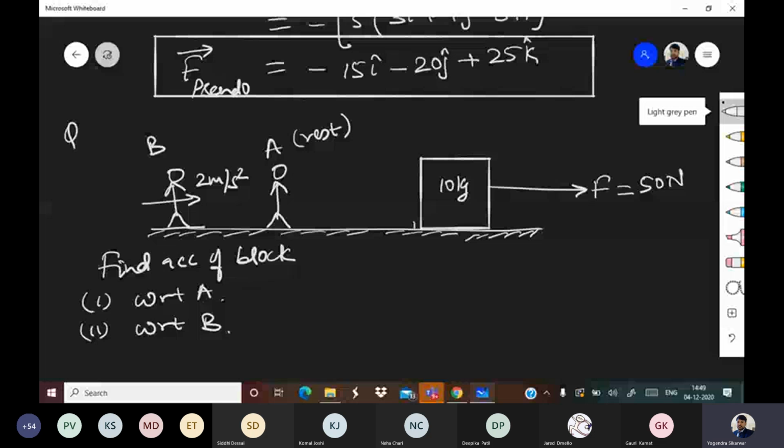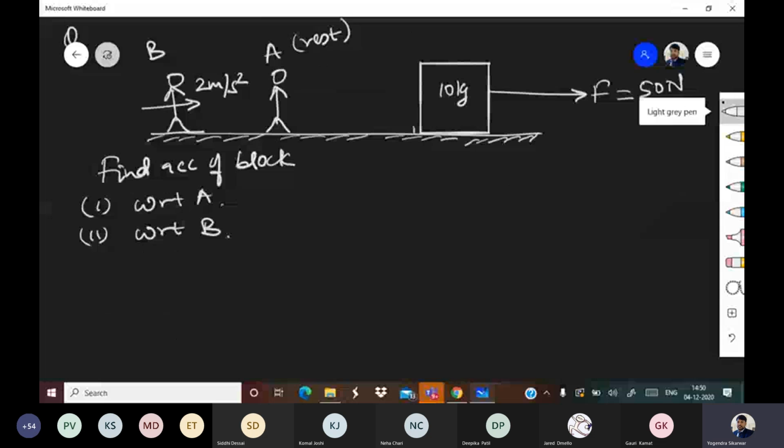So everyone please pay attention. Now there are two frames basically. One frame is with respect to A. So A is what kind of frame? A is inertial frame. So with respect to A, what is happening? mg, which is 10g, acting downward. N is acting upward. So in vertical, we are not talking. Along horizontal, we are talking.